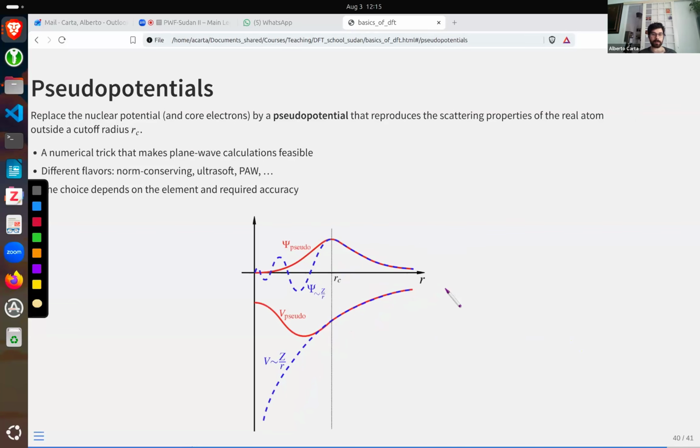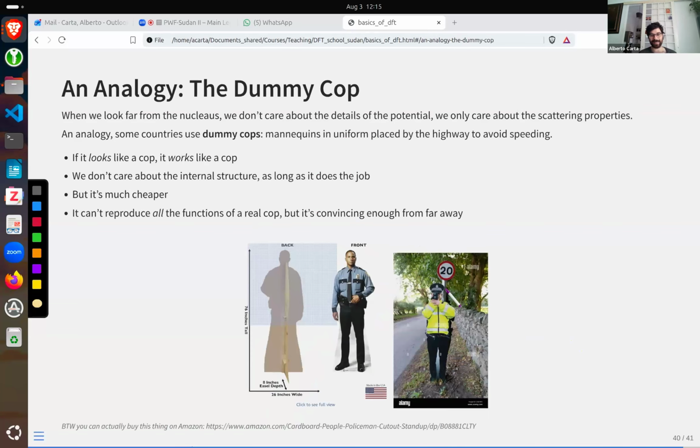Here the analogy I took from the lecture of Shovana, and I like this analogy. The electrons are looking at the nuclei from far away. The analogy is something called a dummy cop.